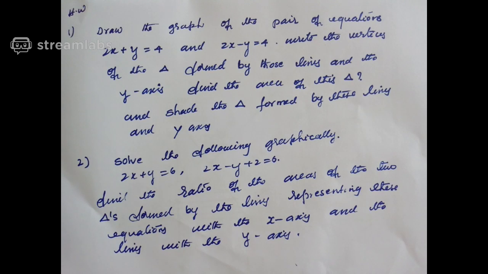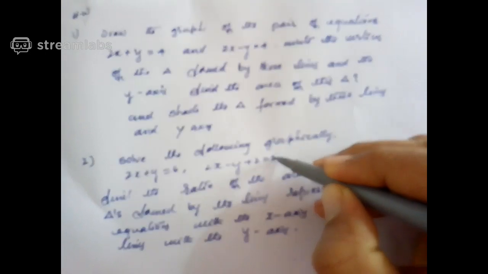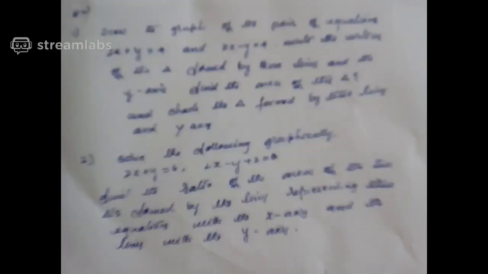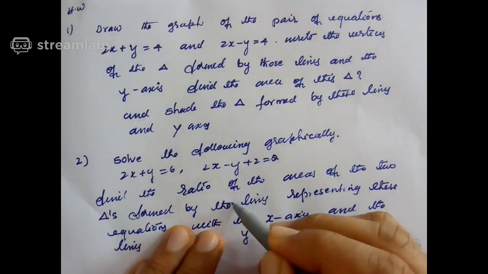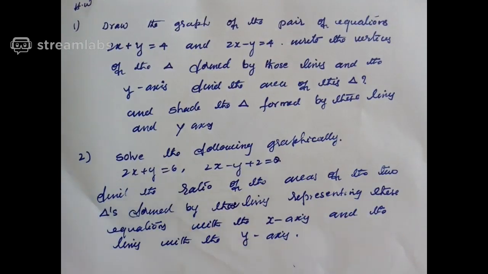In the second question, solve the following graphically: 2x plus y is equal to 6 and 2x minus y plus 2 is equal to 0. Find the ratio of the areas of the two triangles formed by these lines with the x-axis and the lines with the y-axis.